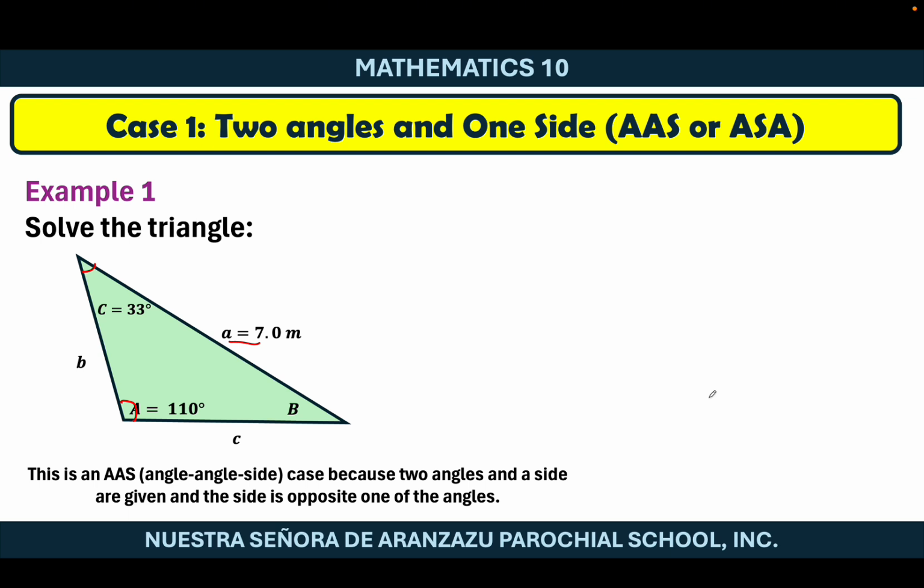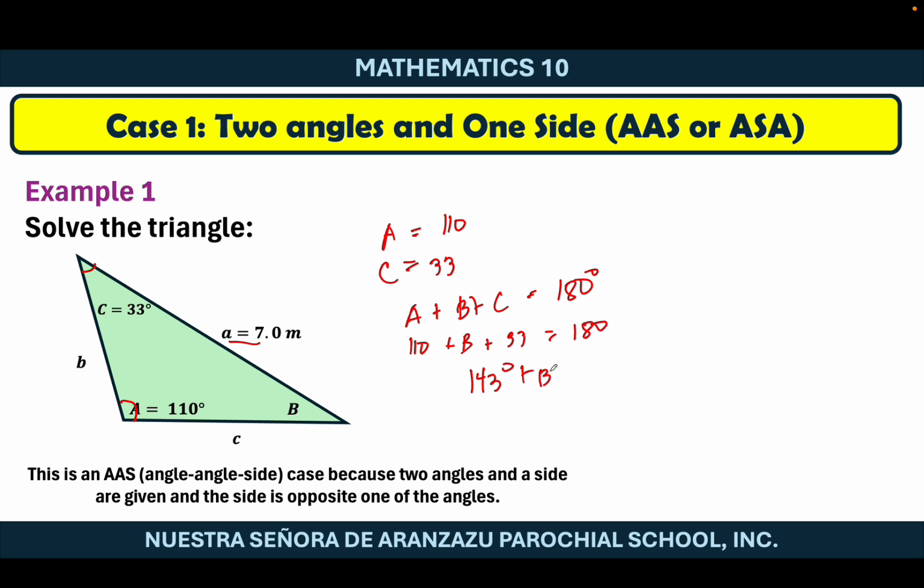So if we have angle A which is 110 and angle C is 33, the sum of the interior angles is equal to what? That is equal to 180 degrees. So we have here 110 plus 33, which gives us 143.